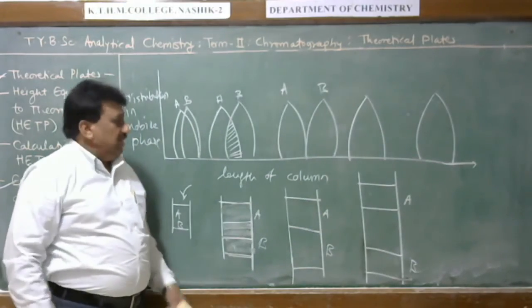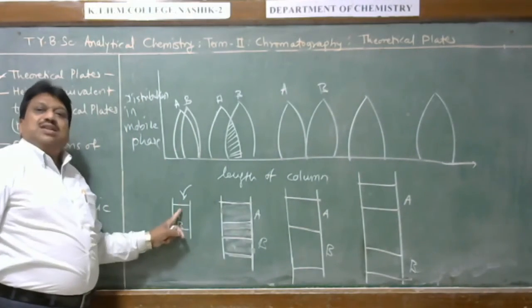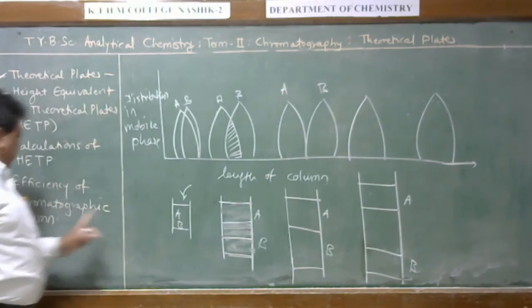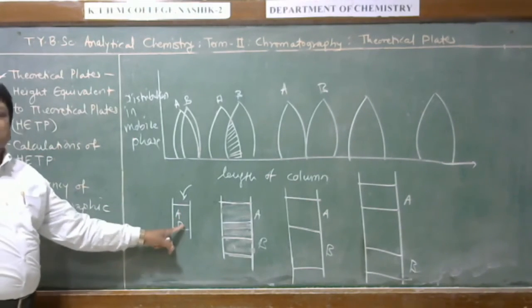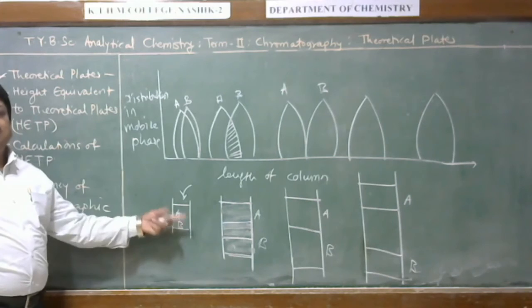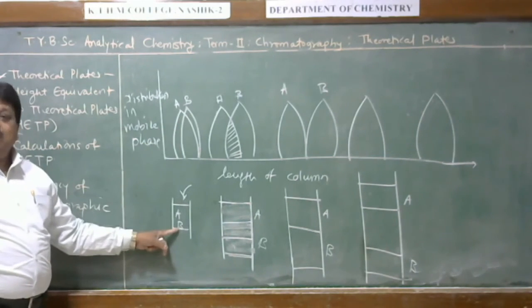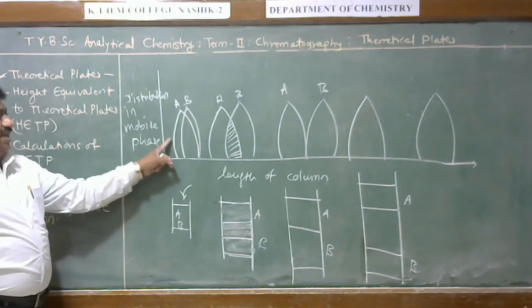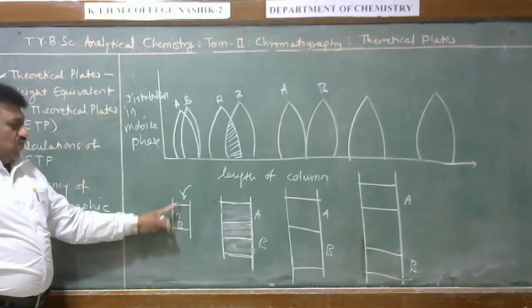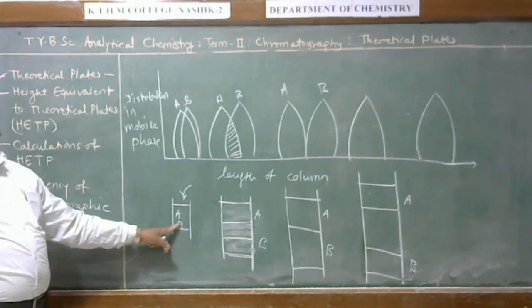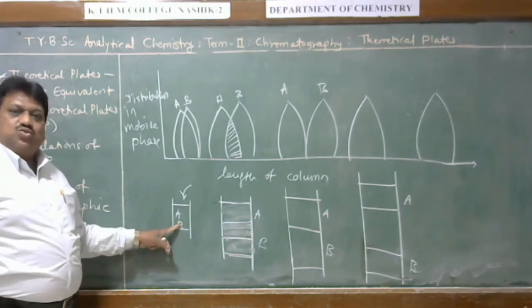Therefore, this column has a poor resolution. That means the efficiency of this chromatographic column is less, or it does not have the efficiency to separate these two components from one another. Because A is mixed with B, this column does not have the capacity to separate these two components.